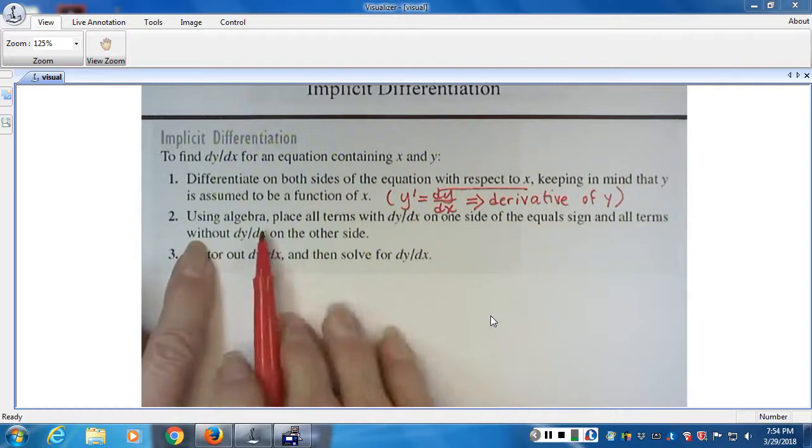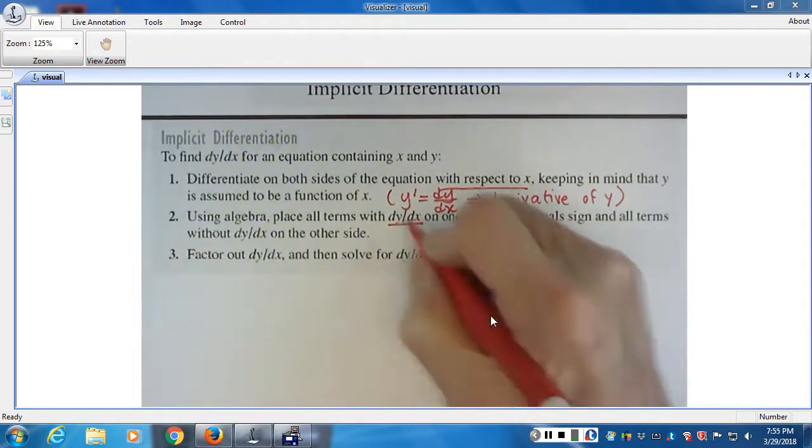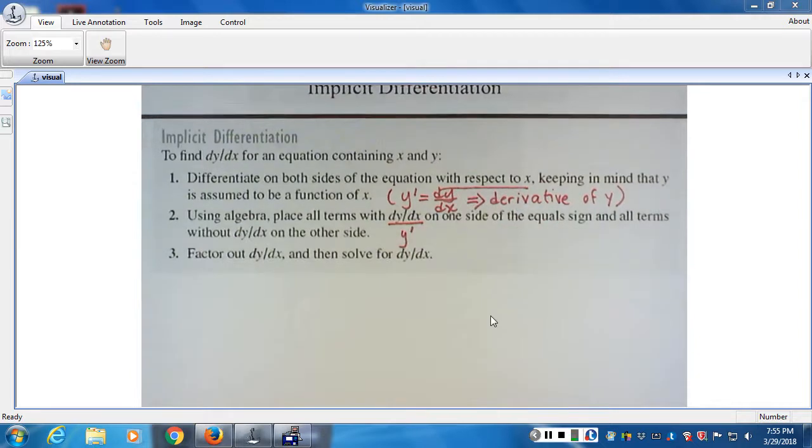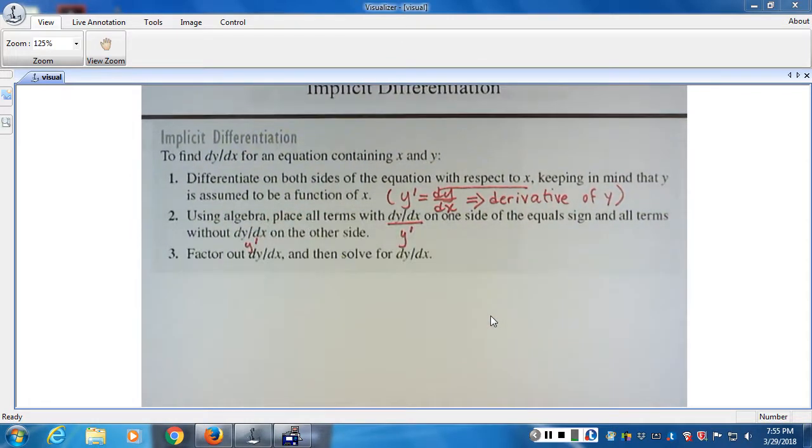Then you use algebra, and you put all the dy dx terms or the y prime terms on one side, and then all the other terms that don't have dy dx on the other side.